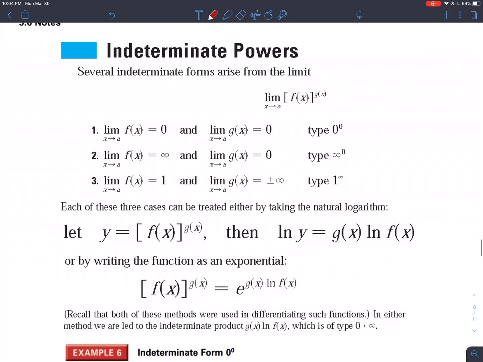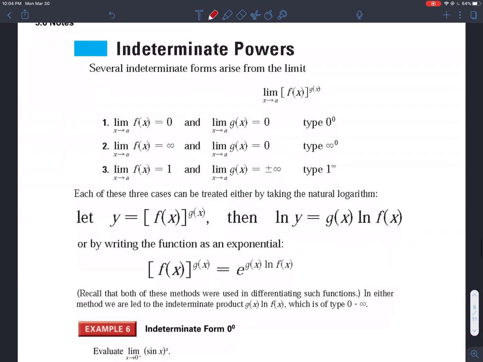It's already a long video. All right, so a summary here of these indeterminate powers. The three types in particular, again, we're talking about situations where we have the limit of a function raised to a function. We have type 0 to the 0, type infinity to the 0, and type 1 to the infinity.